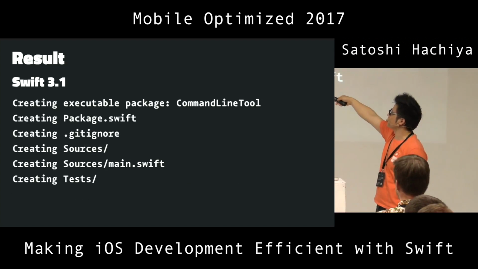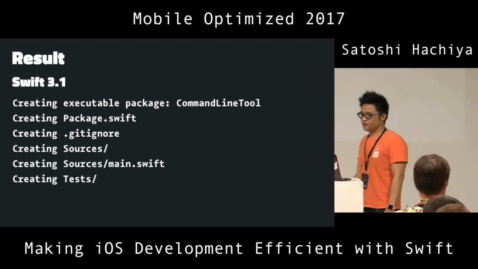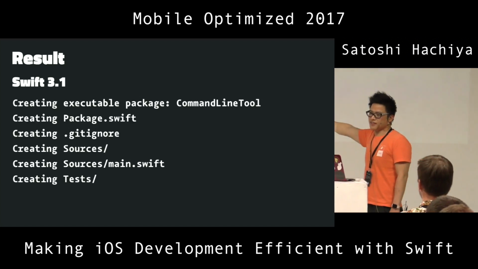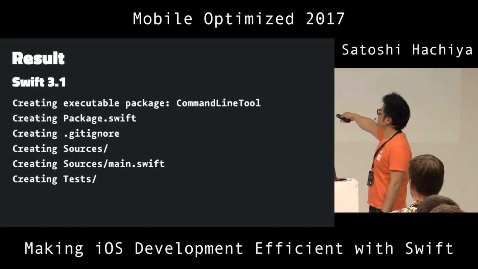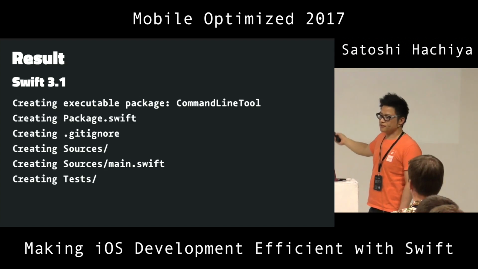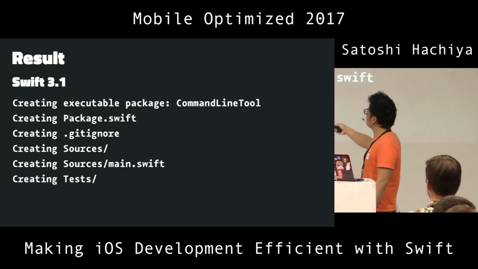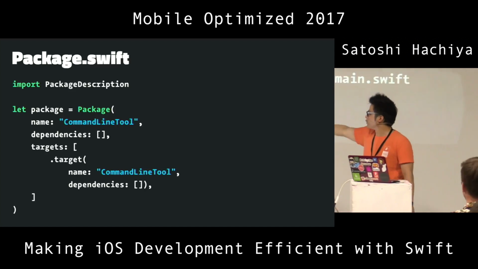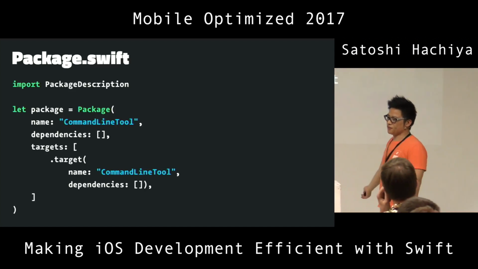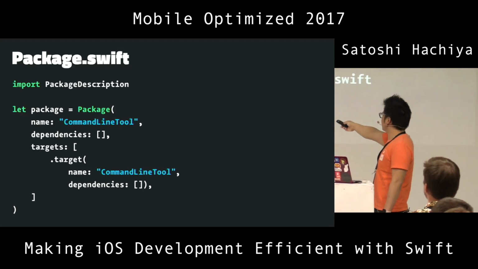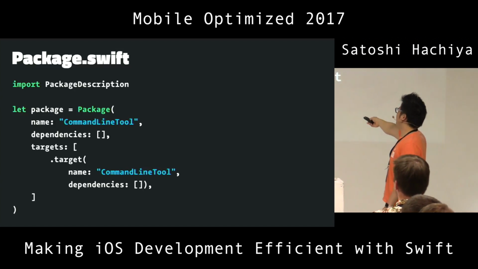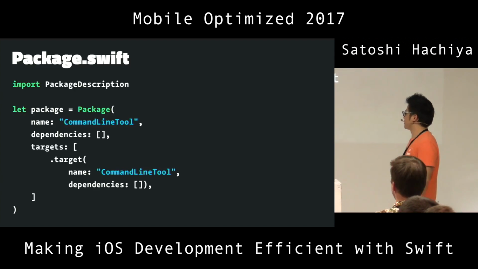Swift 4 creates a README. And the path of the sources is changed. In Swift 4, the path of sources consists of Sources, slash, the package name, slash, and main.swift.